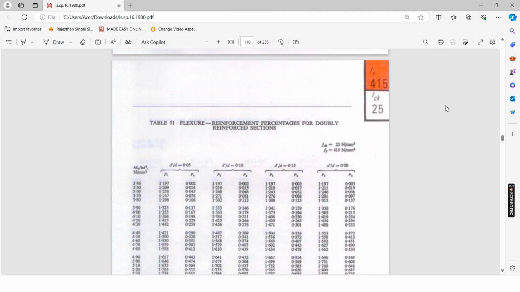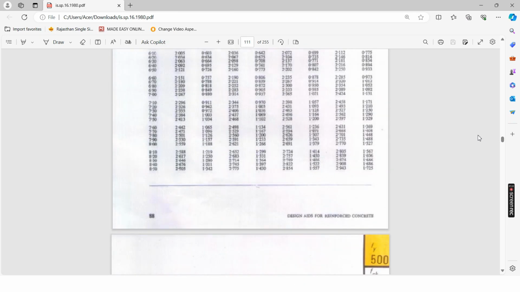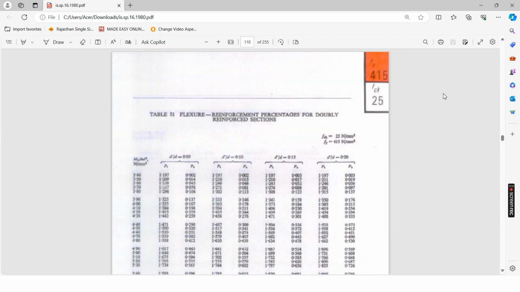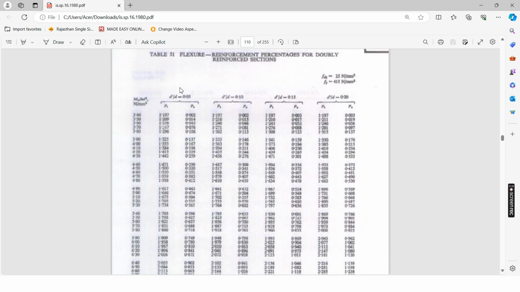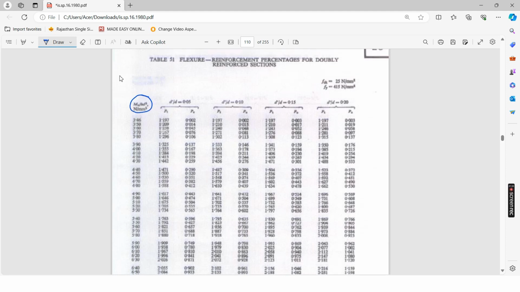So now we are on the page. Now you can see some parameters here. What these are: this is written Mu upon bd square. I have written it here, Mu upon bd square. Okay, this is in Newton per mm square.